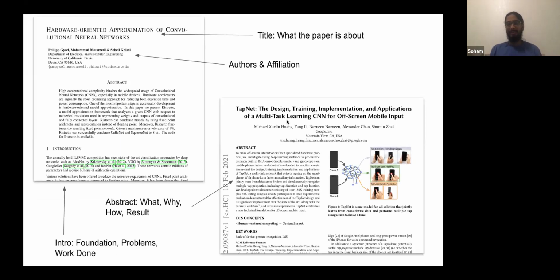For instance, this is a paper that was released recently called TAPNet, which figures out gestures you can do on your screen just by tapping at different positions, right? So yeah, interesting concept. The introduction tells me why they're doing it and all.